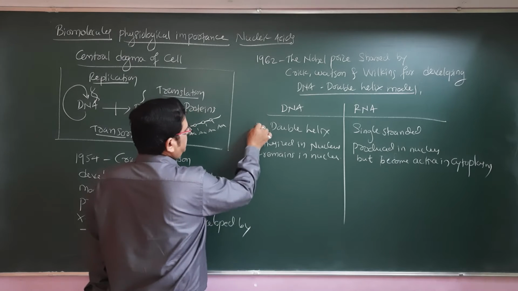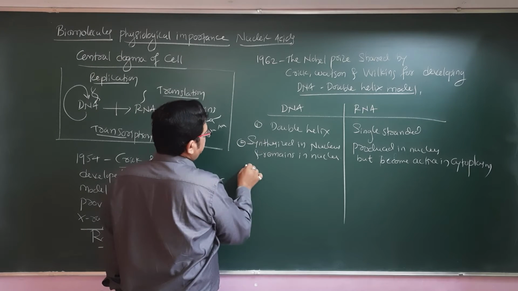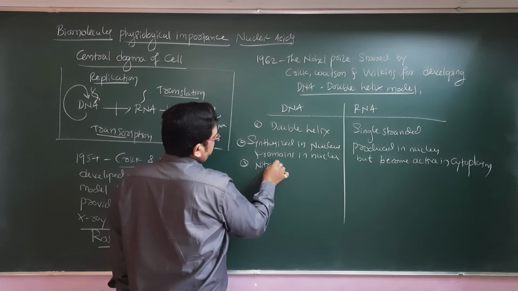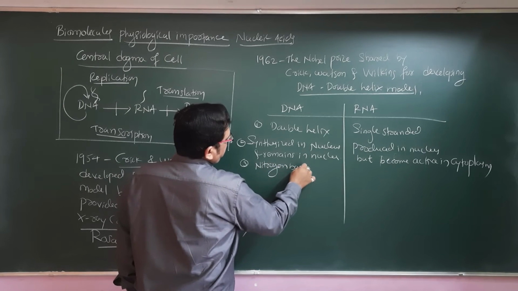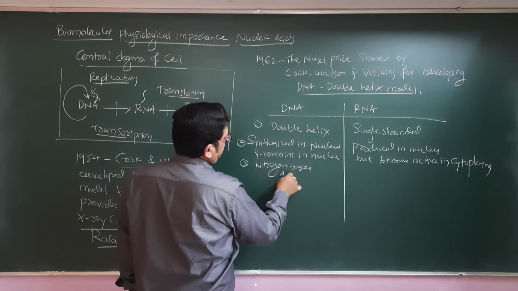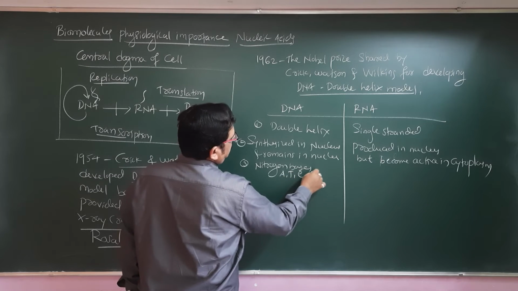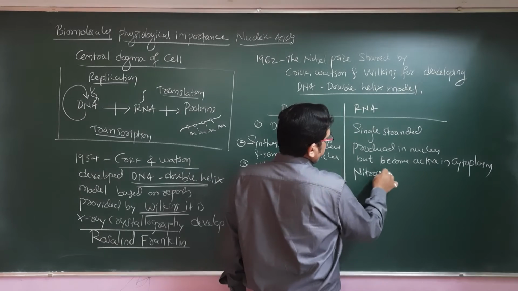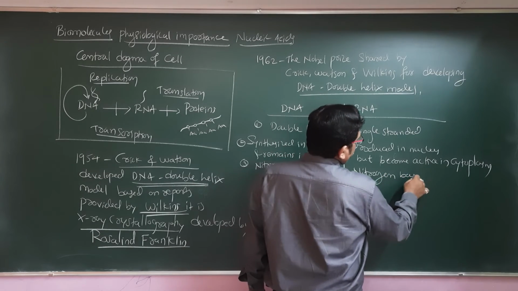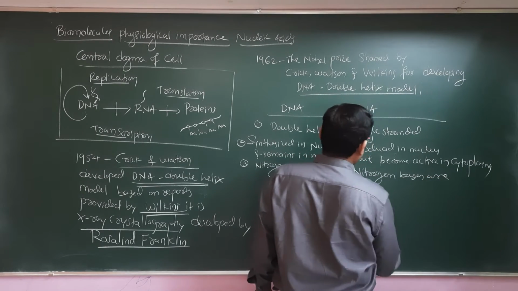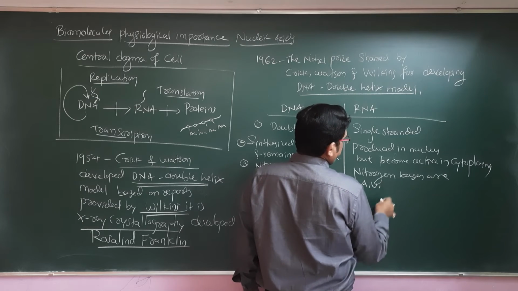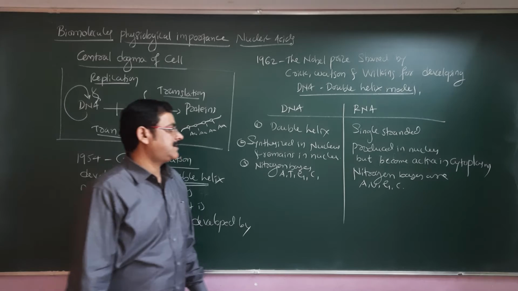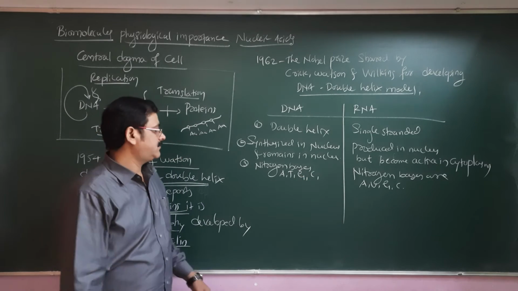Then the first difference, second difference. Third, nitrogen bases. DNA nitrogen bases are adenine, thymine, guanine, cytosine. RNA nitrogen bases are adenine, uracil, guanine and cytosine. No thymine. Thymine is replaced by uracil.